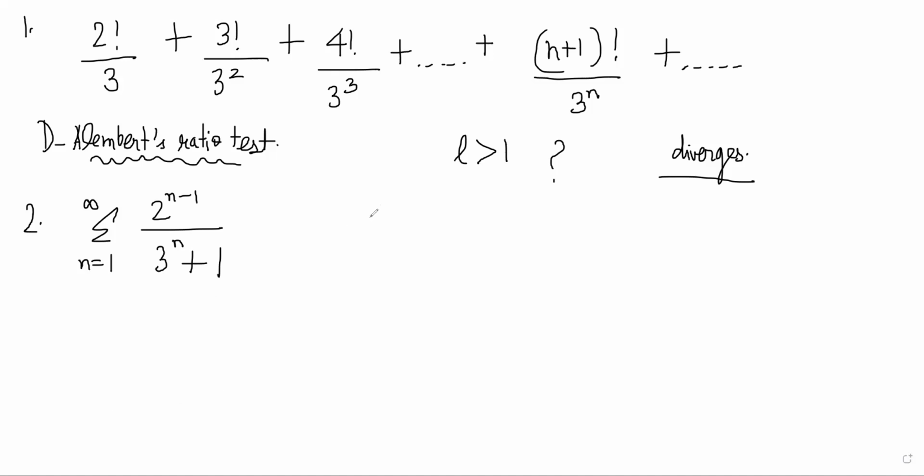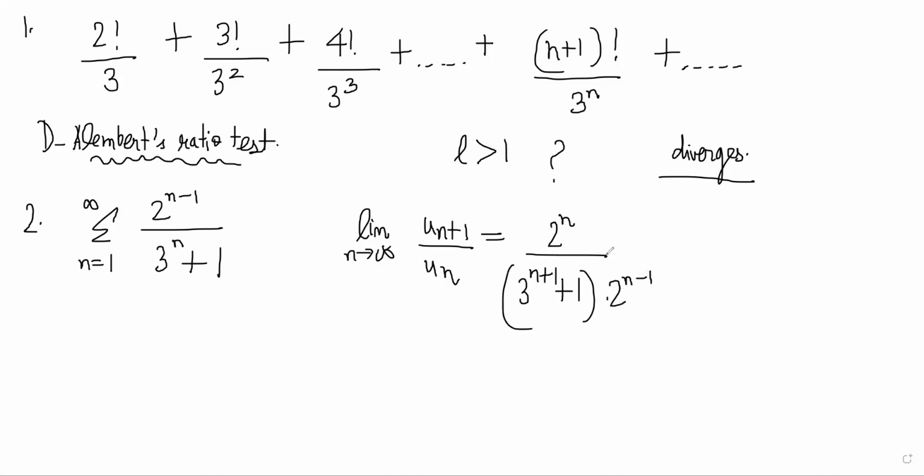So it converges. What is the limit coming? Limit 2/3. We have 2 power n by 3 power n plus 1 plus 1, and 2 power n minus 1 by 3 power n plus 1. You can divide by 3 power n plus 1.